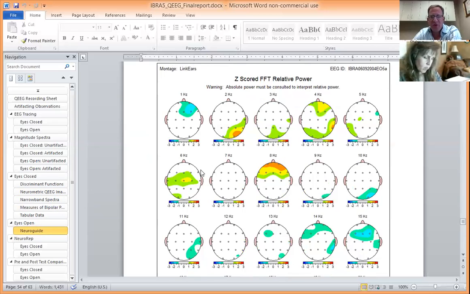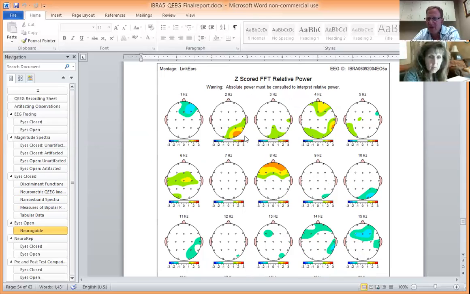Relative power now shows a couple different things. In about the 4 to 8 hertz region, you have a lot of frontal excesses. But from about 2 to 4 hertz, in addition to what we saw on the left side, we see some excesses on the right side.